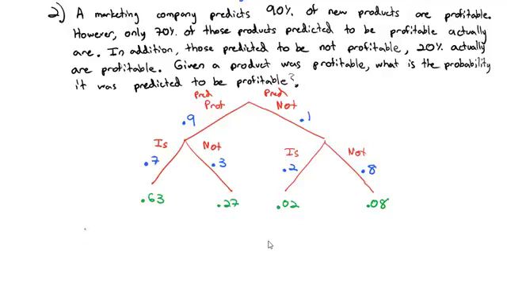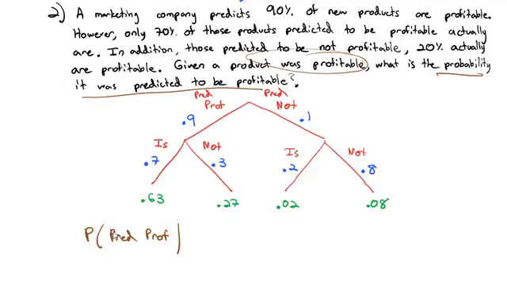So for my actual probability statement, it's asking, what is the probability it was predicted to be profitable, given it actually is profitable?